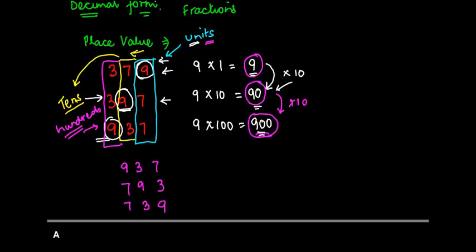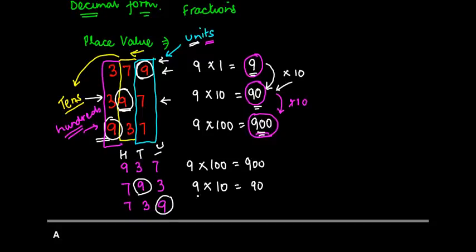So what is the value of 9 that I have now? In this, it is at units. So this is a unit, this is 10, this is 100. Here the value is 9 into 100 or 900. Here the value of 9 is 9 into 10, 90, because it is at tens place. And here it is 9 into 1 equals 9.